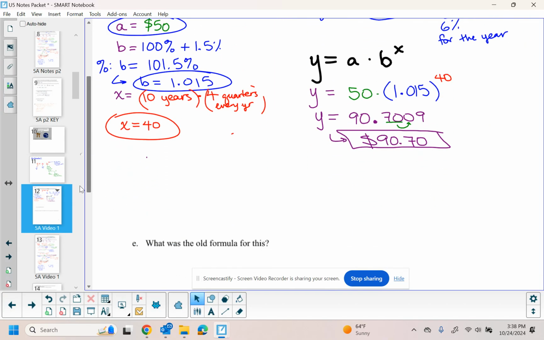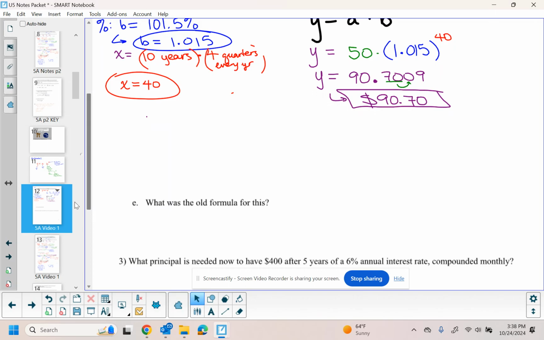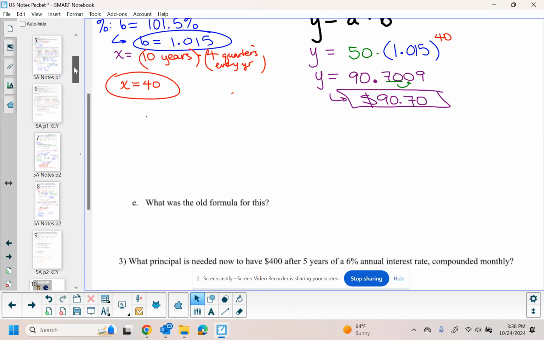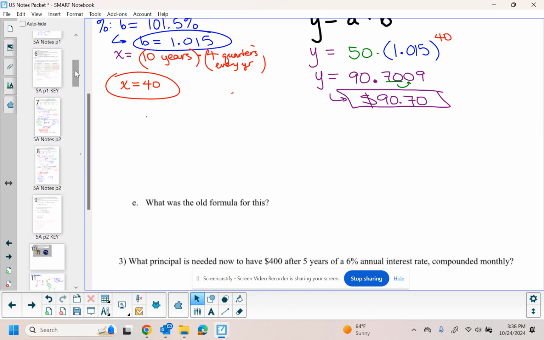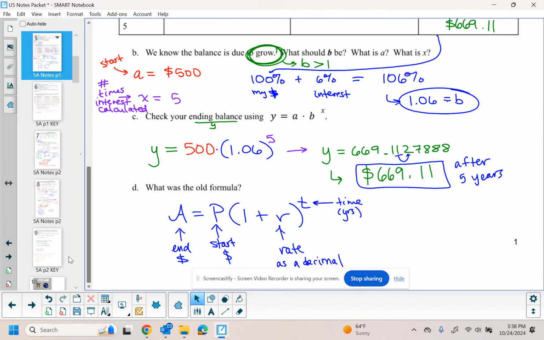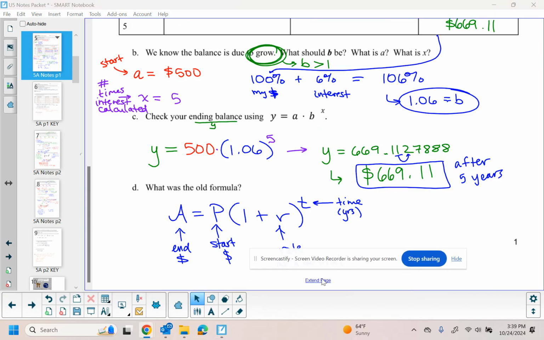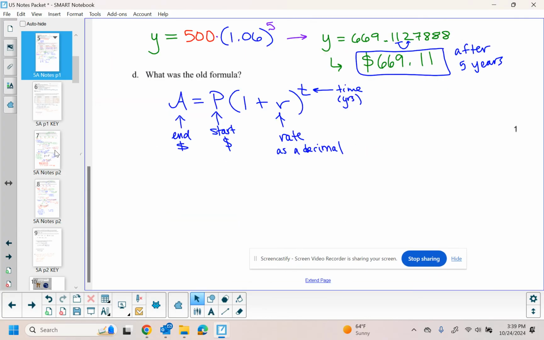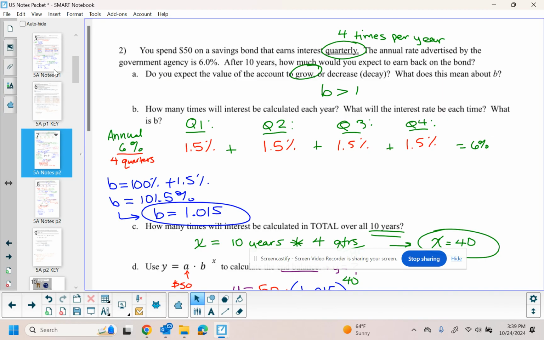Then there's a question down here that says, what was the old formula? And the old formula for this was, I have it here somewhere, A equals P times 1 plus R. That is not the old formula. I want the one with the N in it.